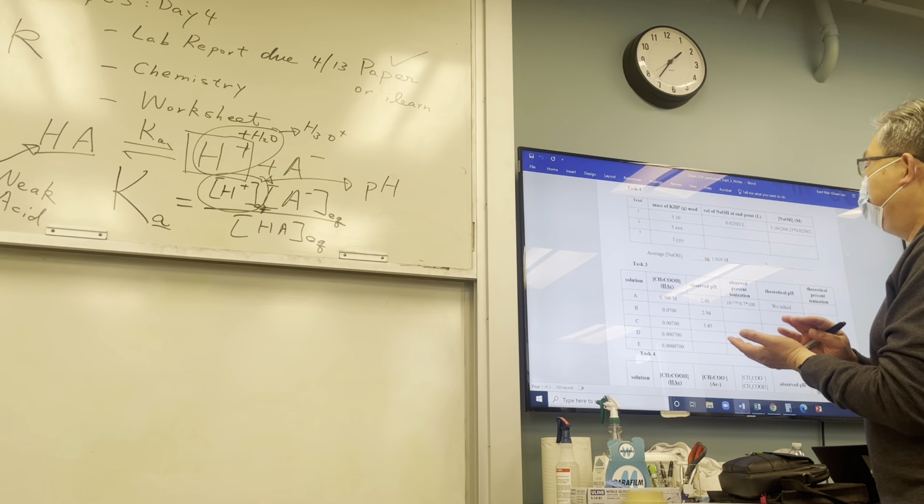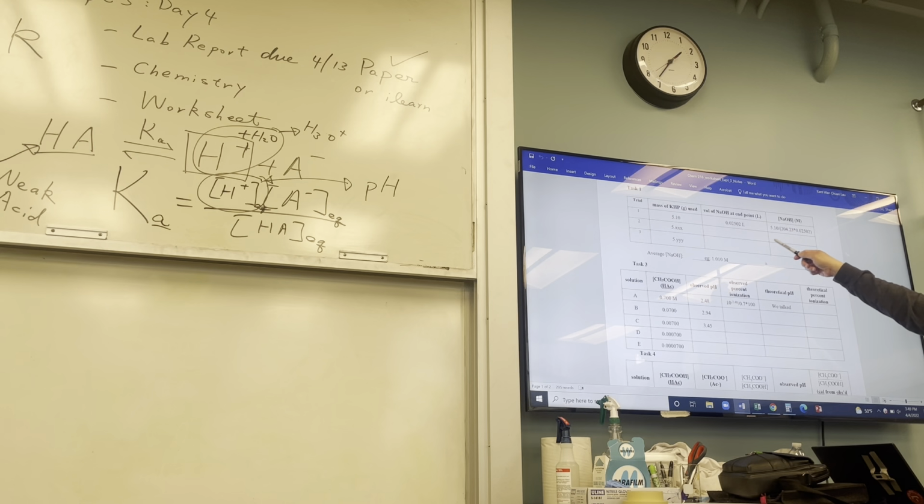So this is an example, all right? All these are examples. So I say it's 25.02 milliliters, for example. And of course we convert the milliliters into liters, yeah? You are probably better using liters because the unit of molar is moles per liter.